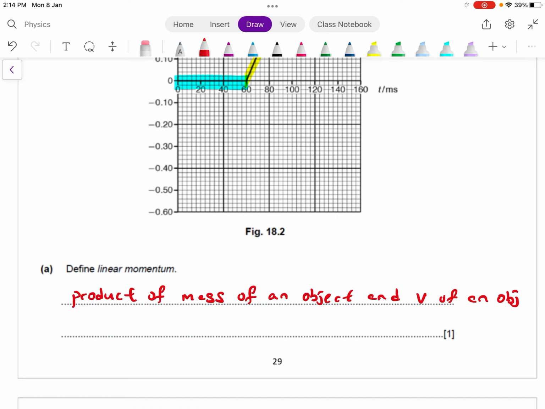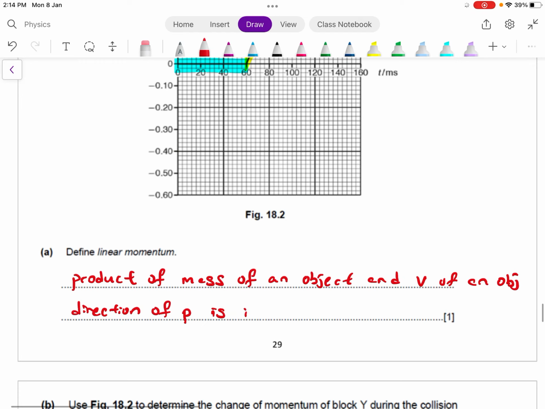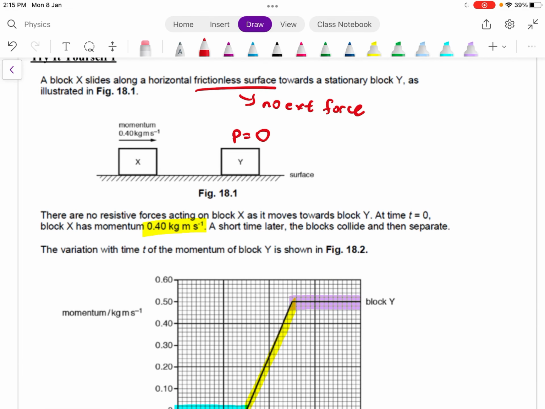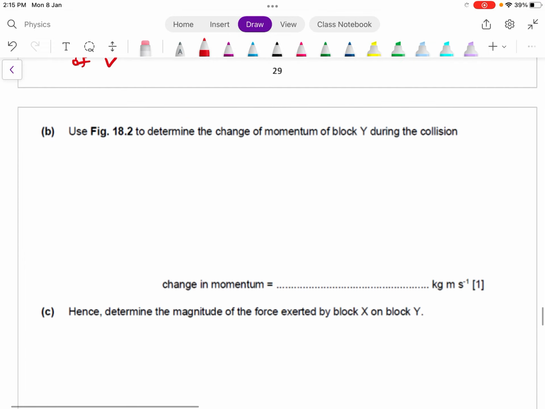Of course, remember to write down that the direction of momentum is in the same direction as the direction of velocity, because momentum itself is a vector quantity. For example, block X has a momentum of 0.4 towards the right hand side, meaning that its velocity is also towards the right hand side. So they must be in the same direction.